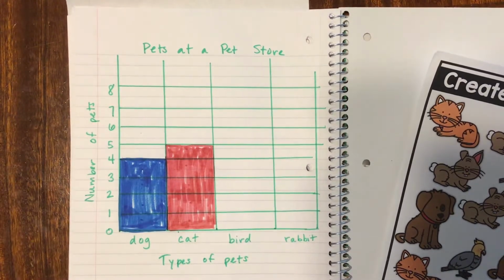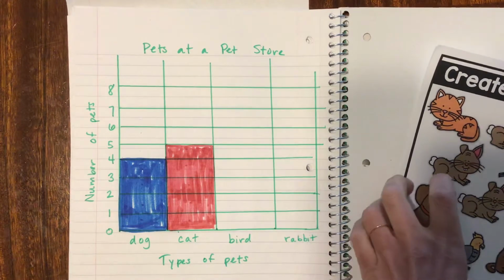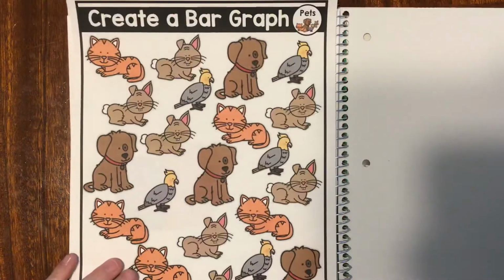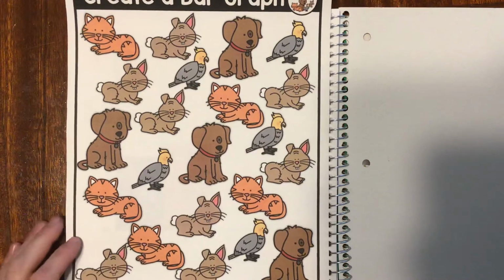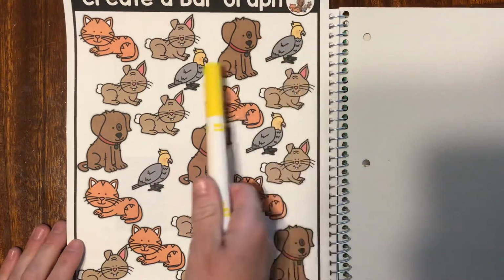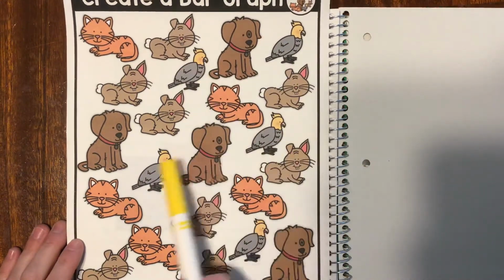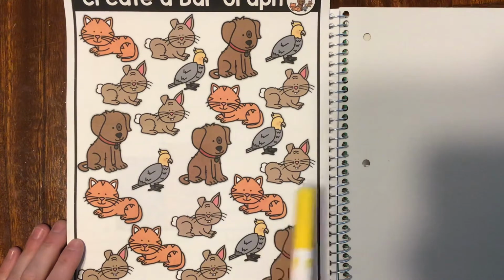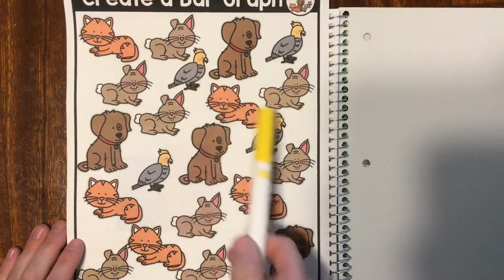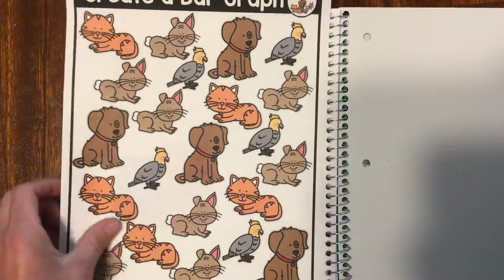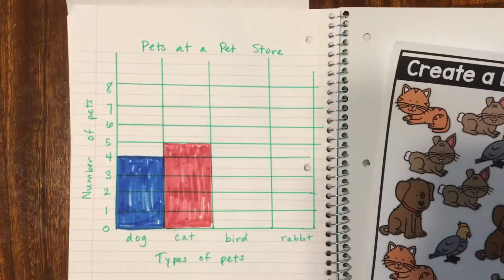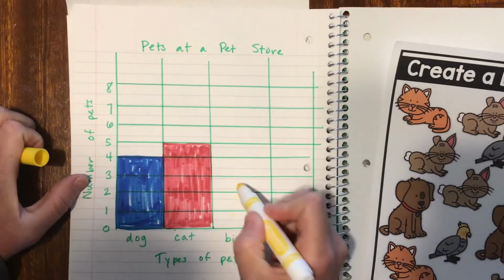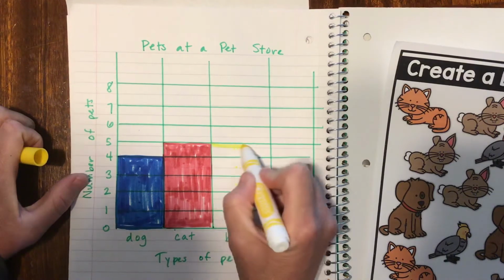All right, let's go to bird. Bird. Let's see. 1, 2, 3, 4. Oh, 5 also. Let's make sure I didn't miss any. 1, 2, 3, 4, 5. All right, 5 birds.